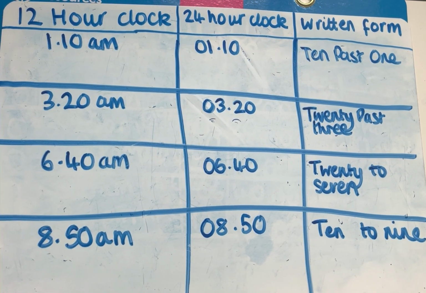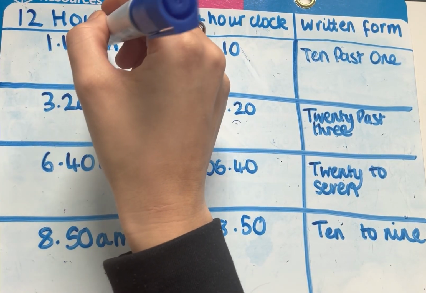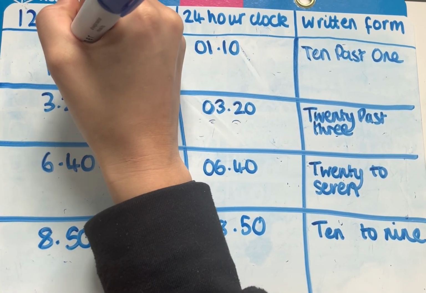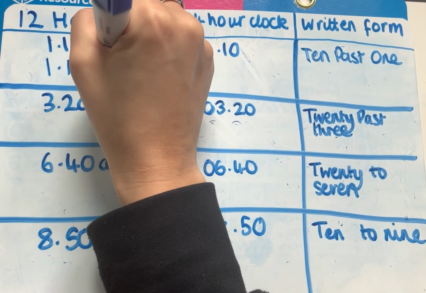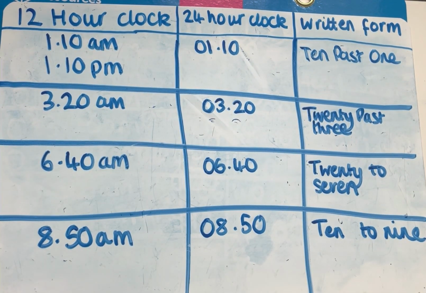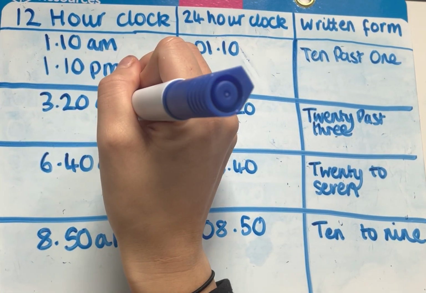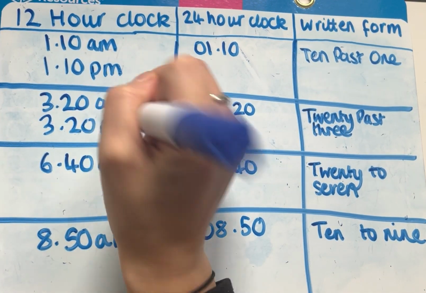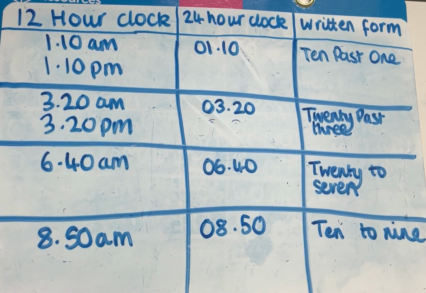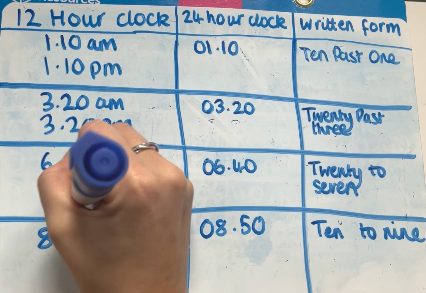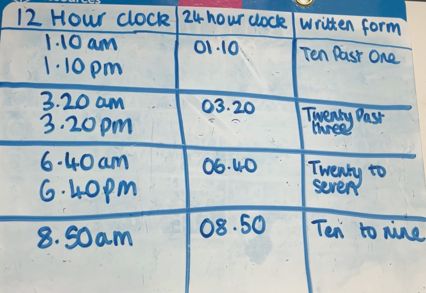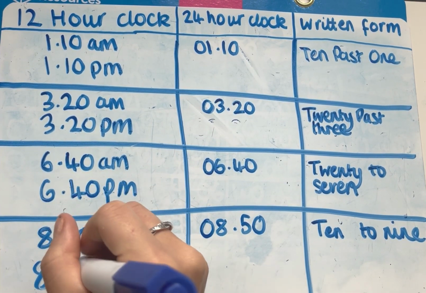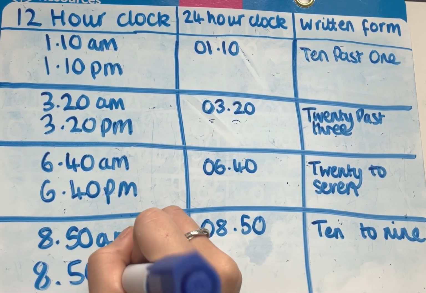So on a 12-hour clock, 1:10 in the morning would be 1:10 p.m. And by putting p.m., it would tell everybody that it's in the afternoon. 3:20 a.m. would be 3:20 p.m. 6:40 a.m. would be 6:40 p.m. and 8:50 a.m. would be 8:50 p.m.